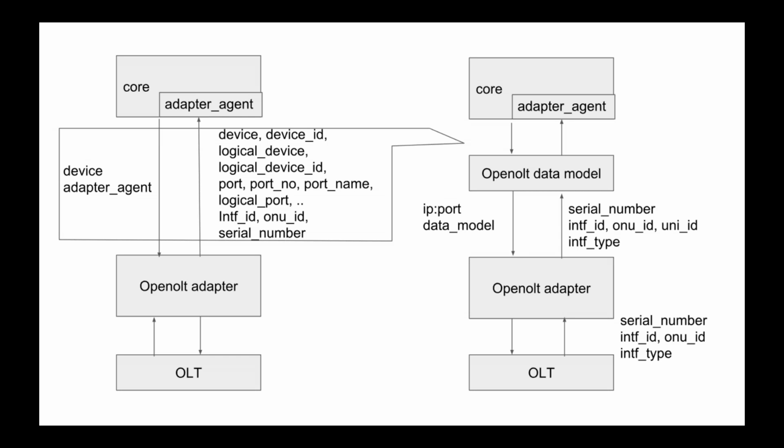And the other thing about the OpenOLT data model, right? So for the alarm and PM should be irrelevant, right? Alarm and PMs are interesting because they suffer from the same problem, but they're in the library.